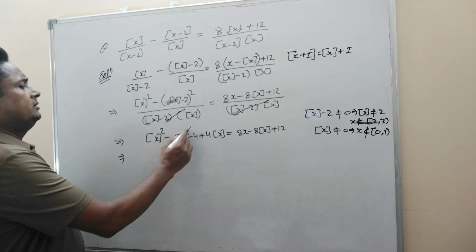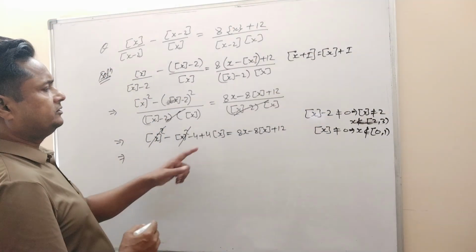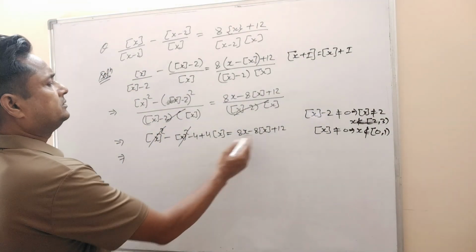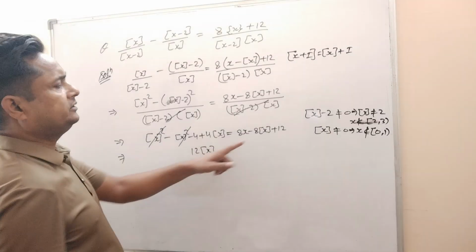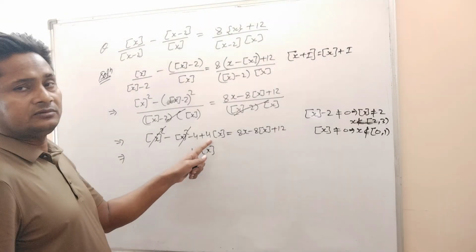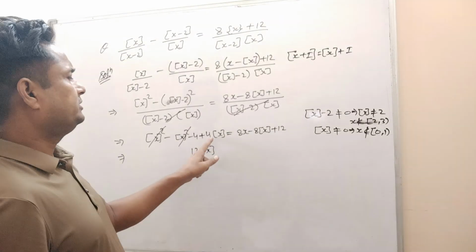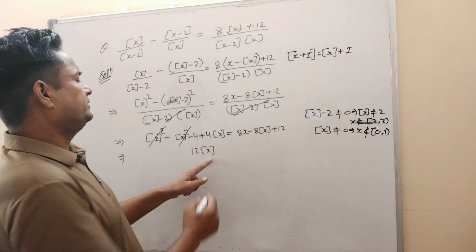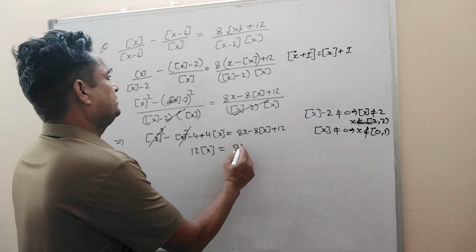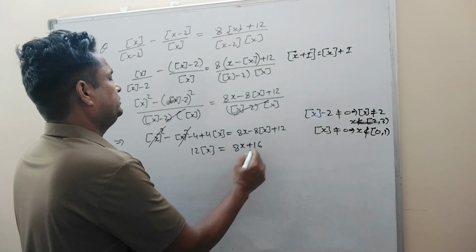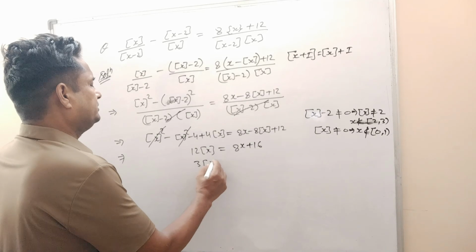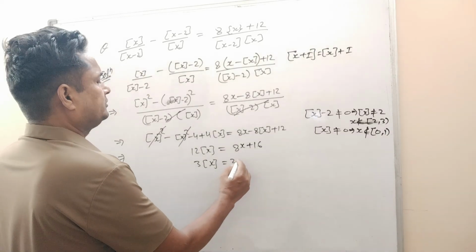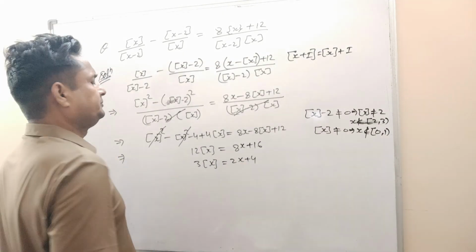So this will cancel out. Now what is remaining here? 12 times greatest integer of x. Take this to the left hand side. It will be 12 times greatest integer of x is equal to 8 times x plus 16. So this is 3 times greatest integer of x is equal to 2x plus 4.